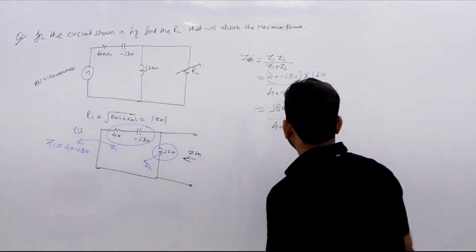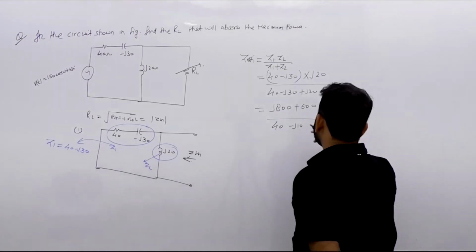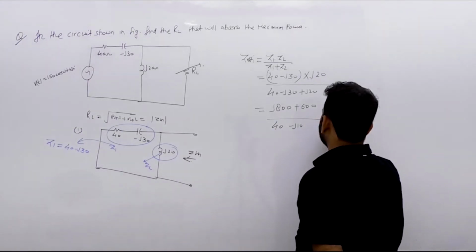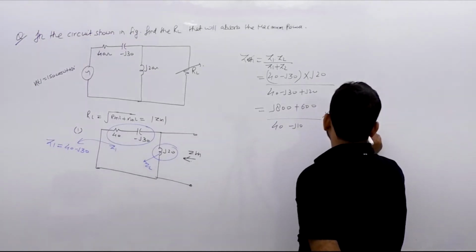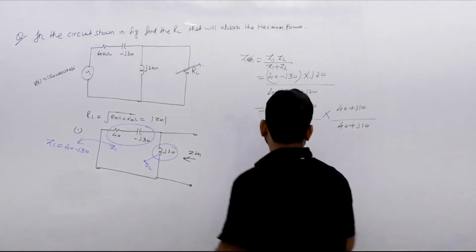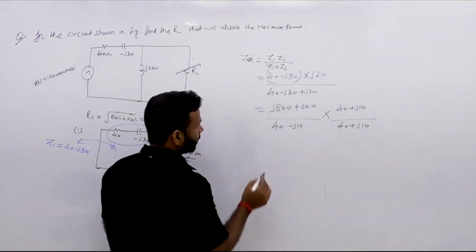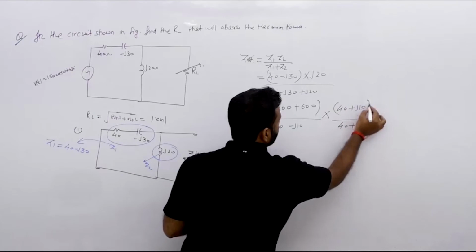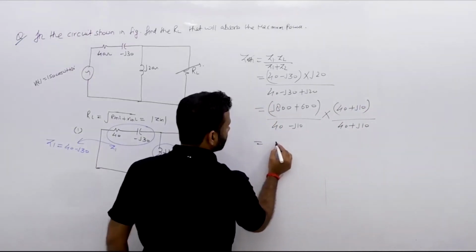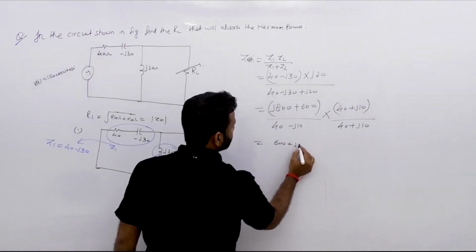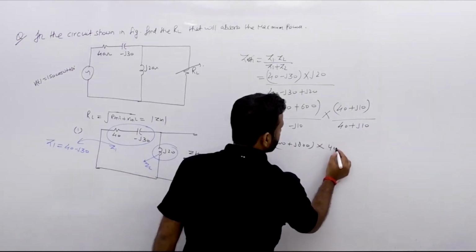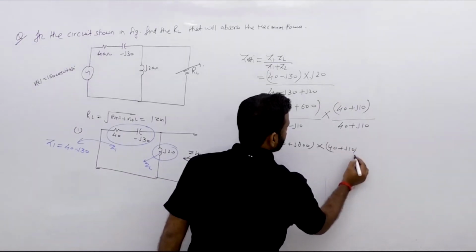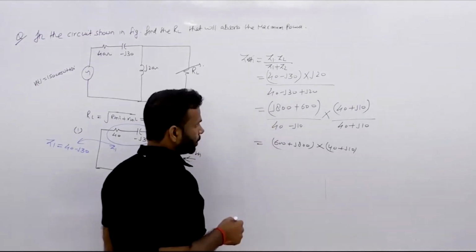Okay. Now what is the next step? Multiply by the conjugate, 40 plus j10, in numerator and denominator. If you multiply these two, we get 600 plus j800 multiplied by 40 plus j10, divided by A square plus B square.